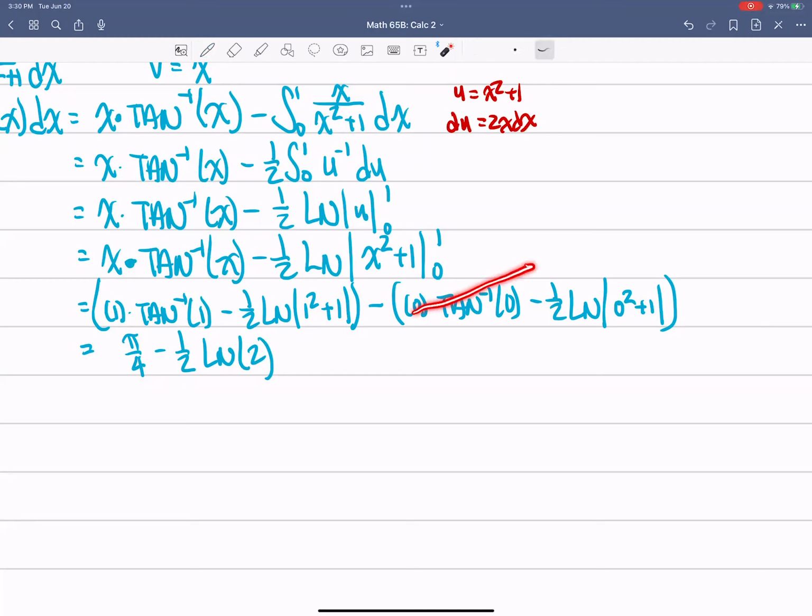This part goes to 0 because it's being multiplied by 0. And then we have ln of 1, which ends up being 0. We raised e to the power 0 in order to get 1. So these two end up going to 0. So this here is our solution.